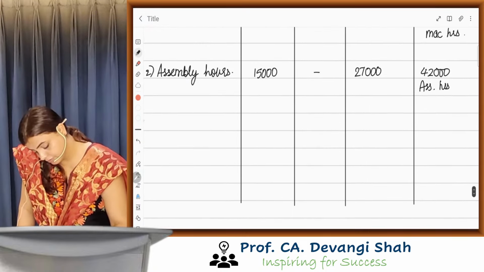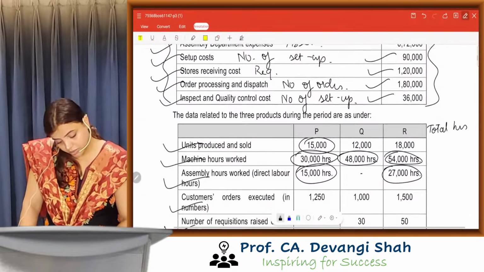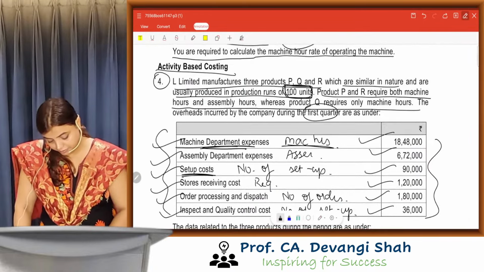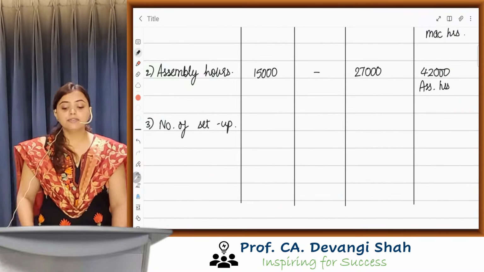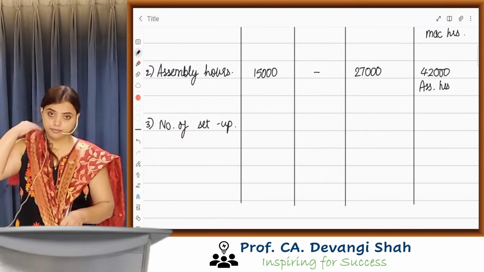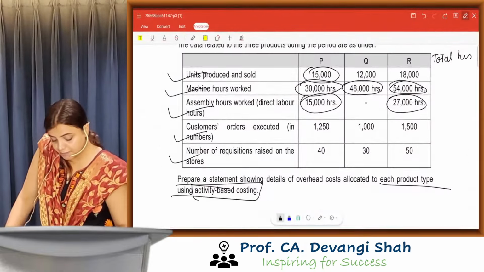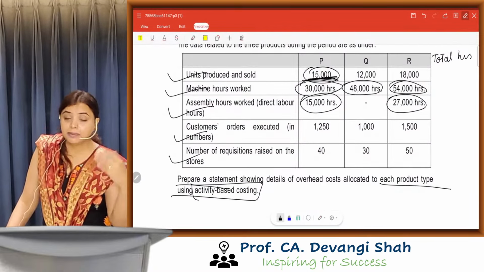Next, it is setup, and for this number of setups are to be taken. In the first line of the question, it is given that we are producing in batches of 100 units. Right, friends? So for P, we have done production of 15,000. In a batch 100, तो कितने batches बने होंगे?